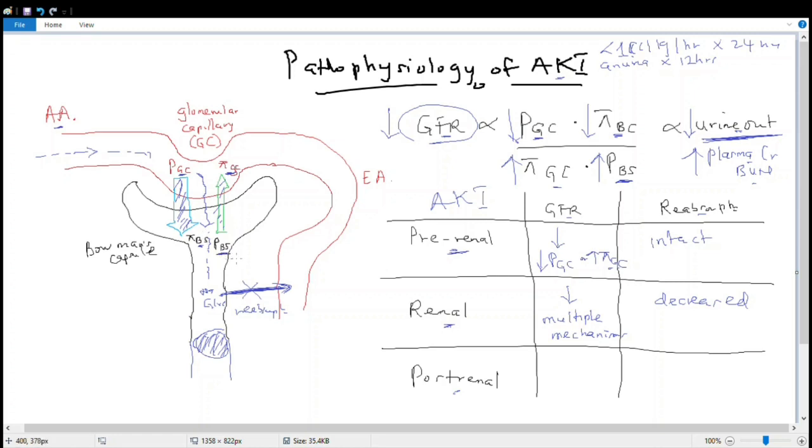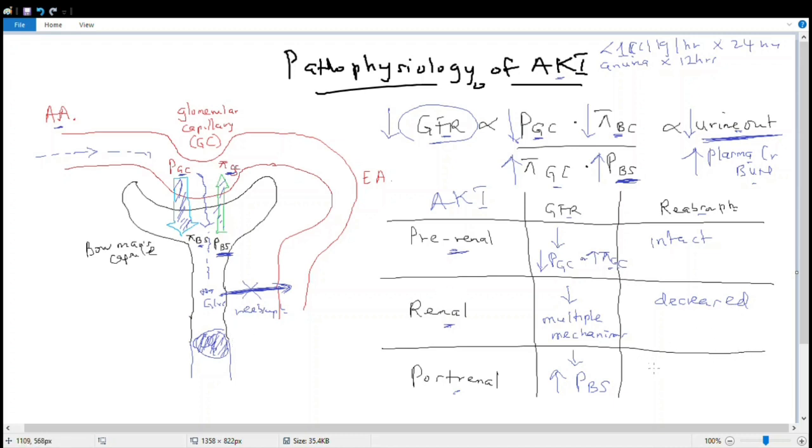So the hydrostatic pressure in the Bowman space is going to rise. GFR is decreased, but the mechanism here is due to increased PBS, the hydrostatic pressure in the Bowman space. It's going to rise because of what? There's backup of urine. Urine can't flow downwards because of obstruction in the collecting system of the urinary tract.